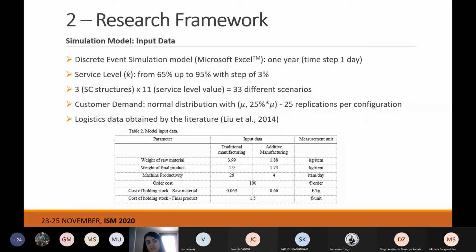Since the customer demand has been modeled as a normal distribution, 25 replications for each configuration have been launched. Logistic data in terms of lead time and travel distance between the players were obtained from the literature. And here you can see the other input data of the model.